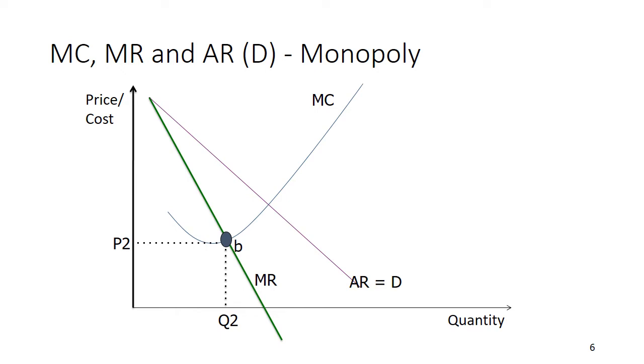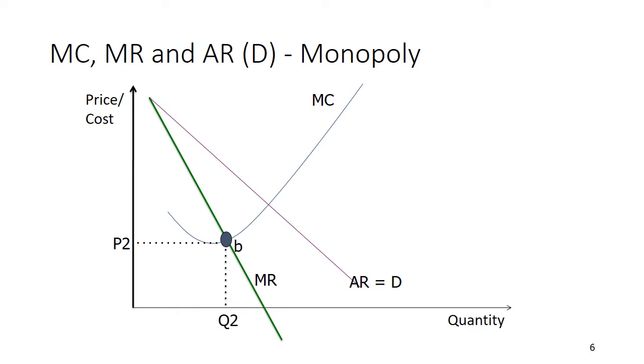So according to the monopoly equilibrium point, they are selling this much quantity to the market. Name it as Q2, quantity 2. This much quantity they are producing into the market, and if you go straight up to the MR curve, you can find the MR value here, right?